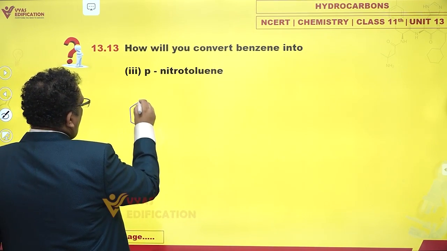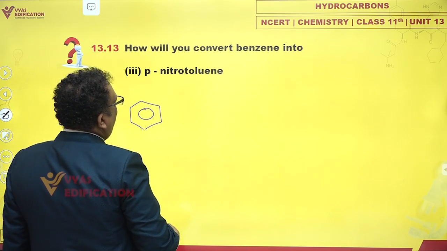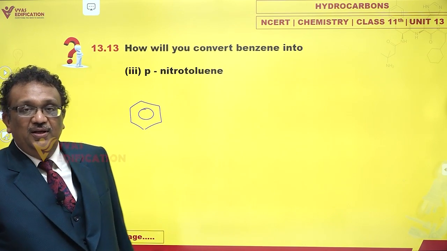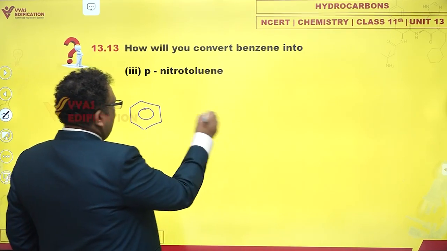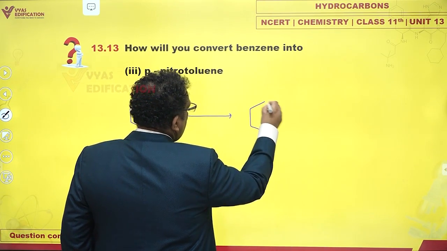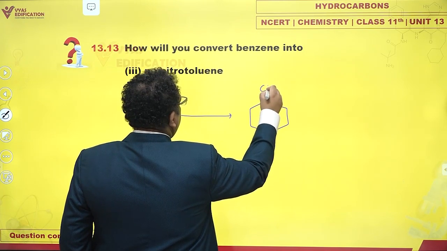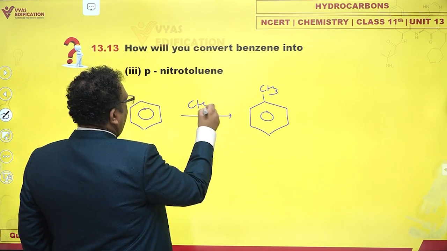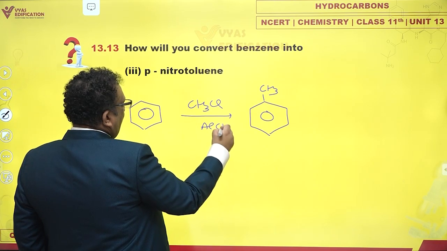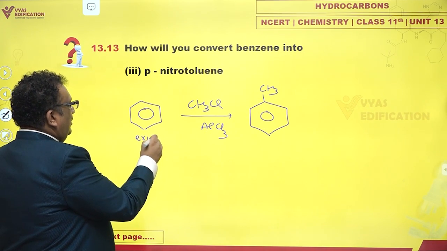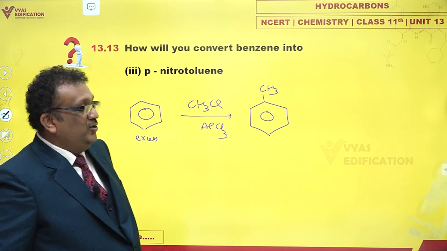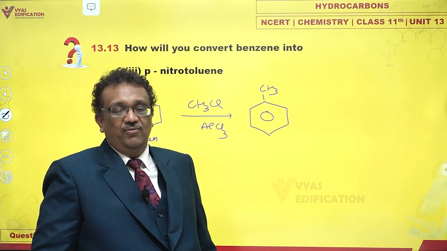Para. Now nitro is a meta-directing group, so we can never dream of first nitrating it. First, just make toluene. In very limited quantity, you take excess benzene and you get toluene, right?